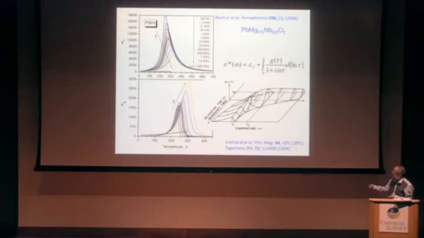For example, in these two papers, Wieland or Tagantsev, showing that there are some dielectric relaxations below phonons which broaden on cooling and practically explains this broad dispersion in permittivity.